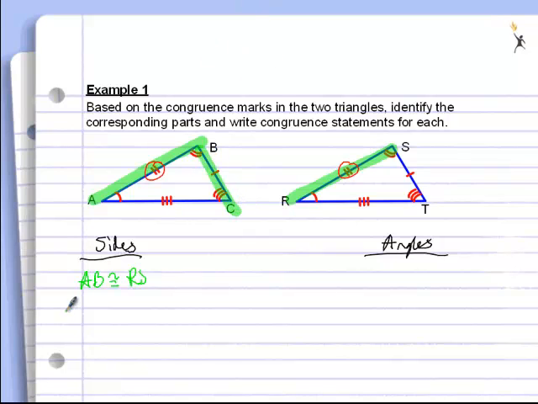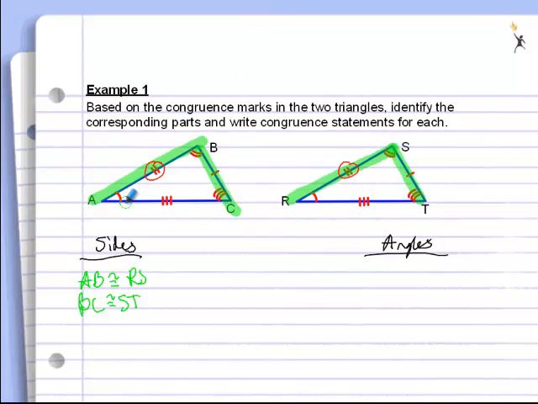What side is BC congruent with? And hopefully you're saying ST because of the reason we just talked about. Not only are they corresponding, they're in the same position. Okay? Front, left, top right, whatever you want to call it. But they both have one congruency mark, which means that BC is congruent to ST.